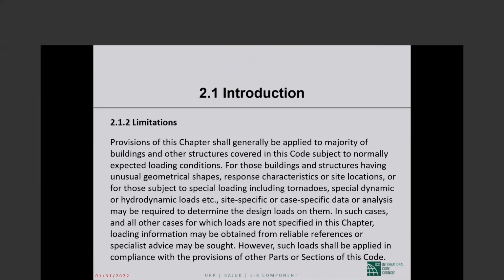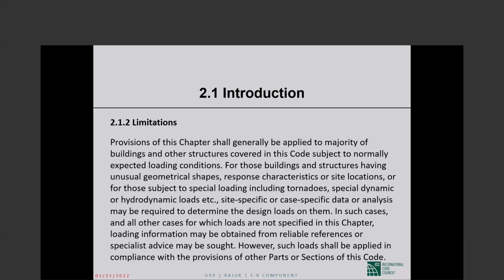Now, there are limitations that are spelled out in BNBC in black and white. Okay, and this may be worthwhile taking a look at. Provisions shall generally be applied to the majority of buildings and other structures covered in this code, subject to normally expected loading conditions.